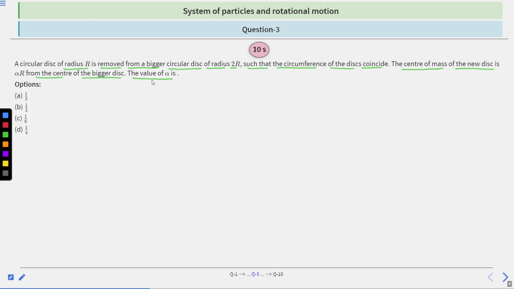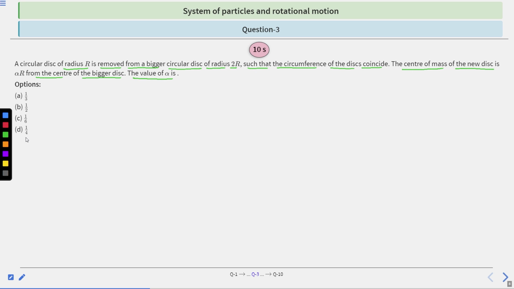The options: A, 1 by 3; B, 1 by 2; C, 1 by 6; D, 1 by 4.